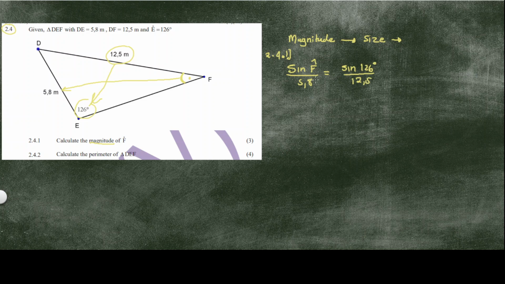Then from here, do not do the cross multiplication. Save yourself time. Just take this and multiply it over there.